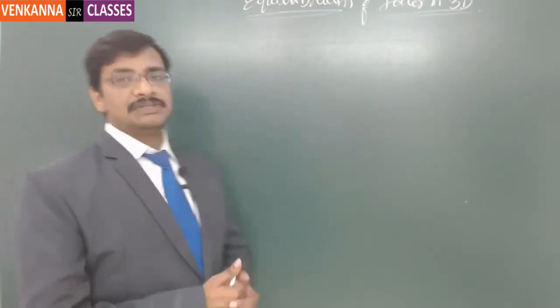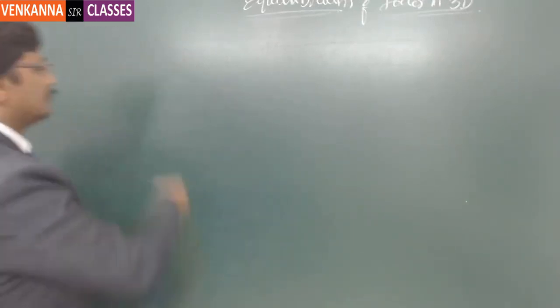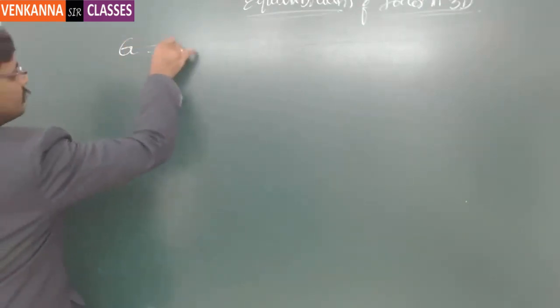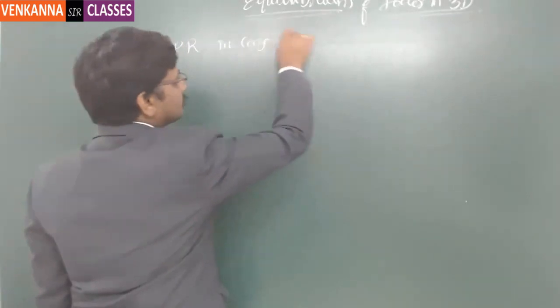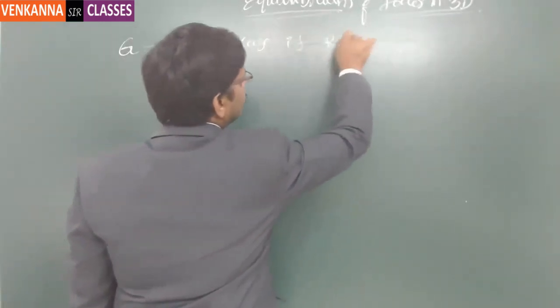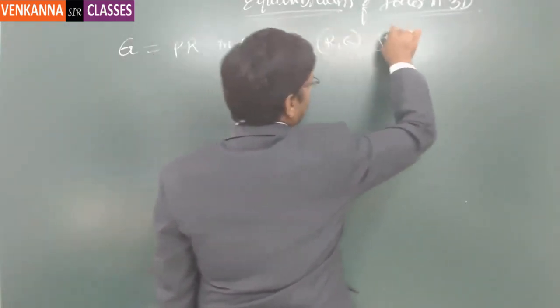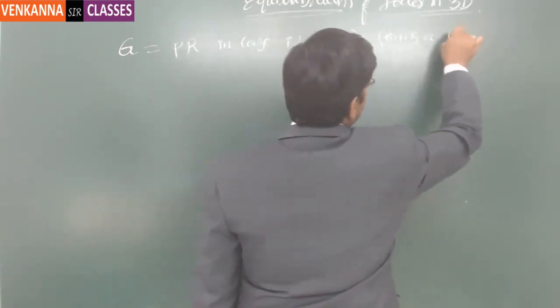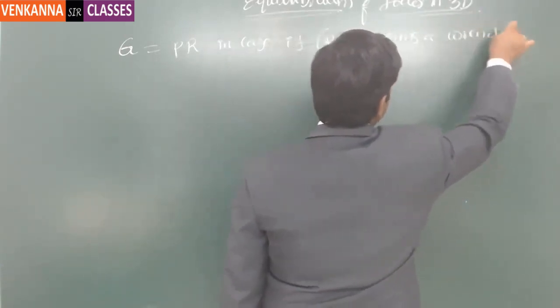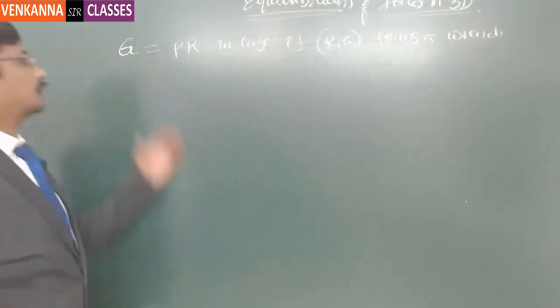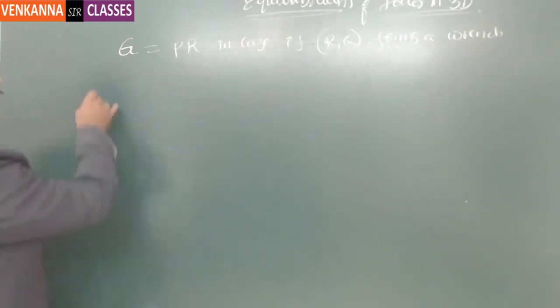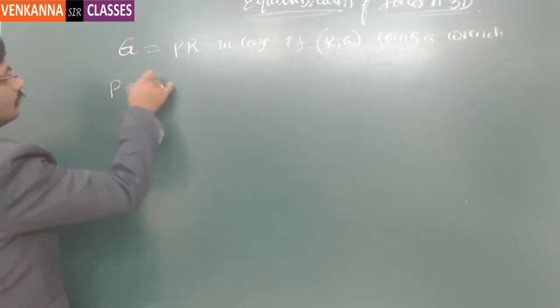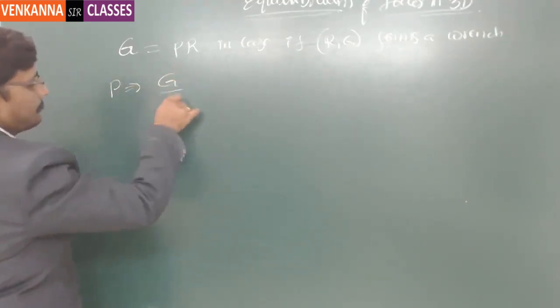In that discussion, what we have learned is G can be expressed as P into R in case R comma G forms a wrench, where P is the wrench pitch. P is equal to G by R.